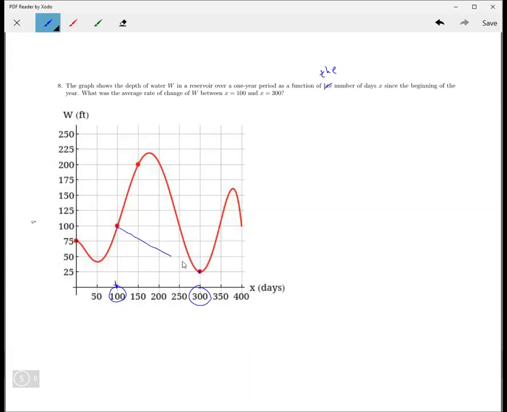So there's a couple ways you can think of this. One of them, you could just use the formula. So A is 100 and B is 300. So average rate of change, f of 300 minus f of 100 all over 300 minus 100. You could do it that way. F of 300 is 25.